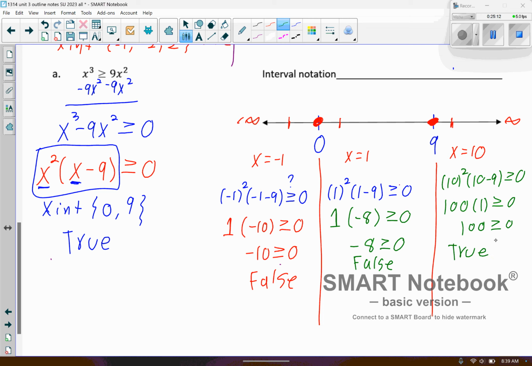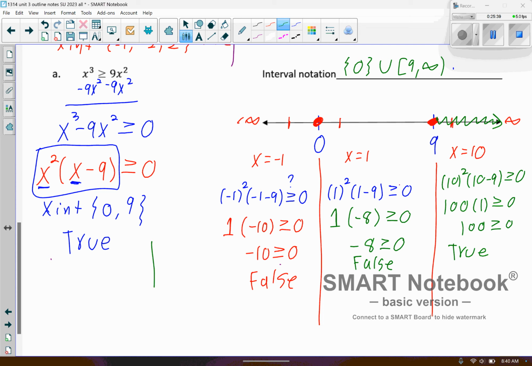So that's this part of my interval right there. Now when I write my solution set, I do need to include 0, and then we union in 9 to infinity, including the 9. So 9 to infinity like that, and that's my solution set.